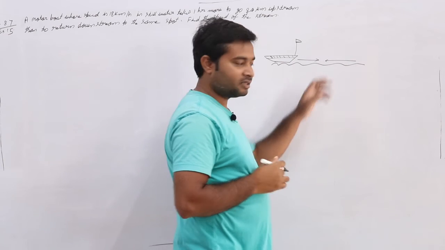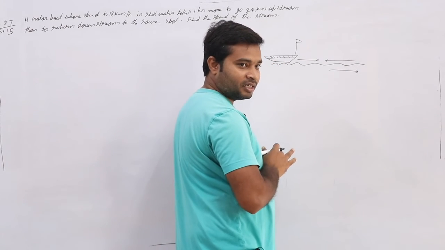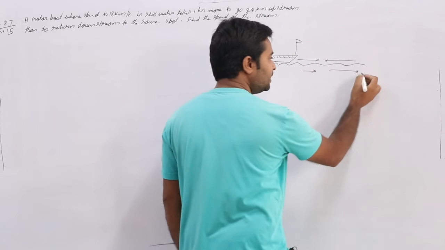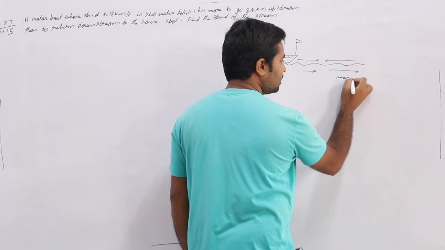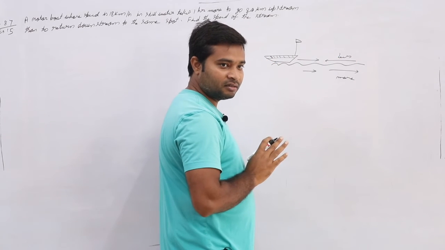When the stream is this side and the boat is also going this side, then the speed will be more; in the other case the speed will be less. Yes or no?